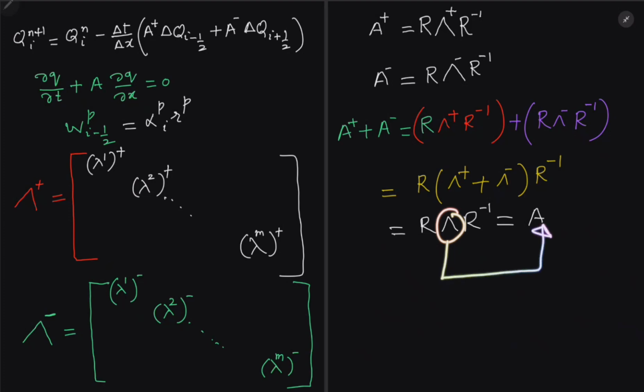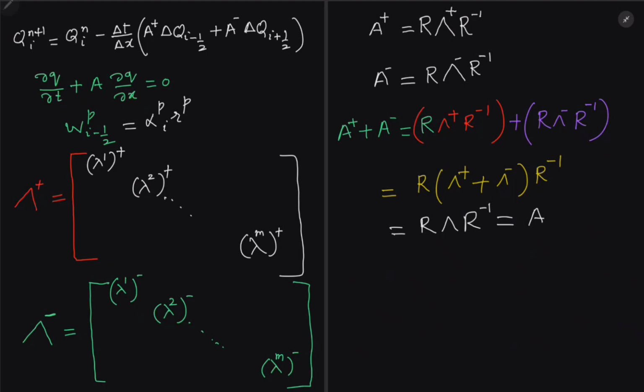When we have the matrix which contains positive speed, we have A plus. So A plus and A minus add up to make the matrix A.